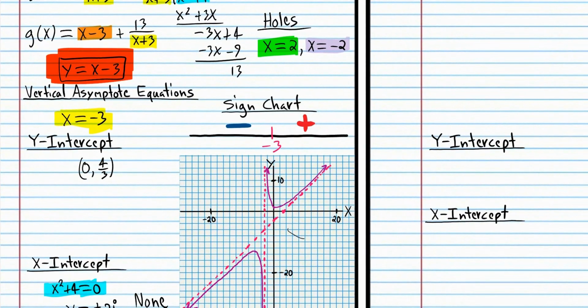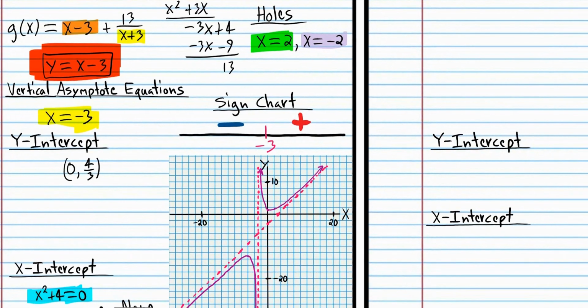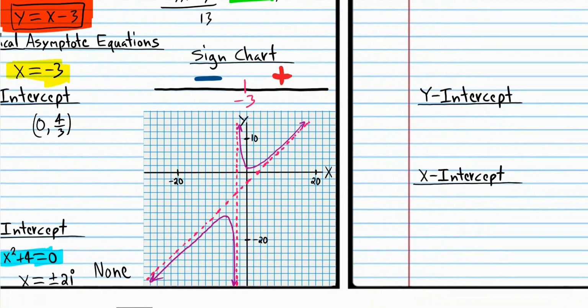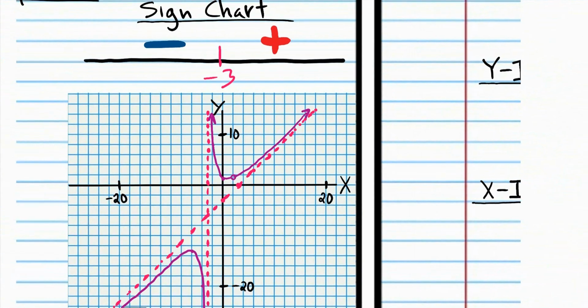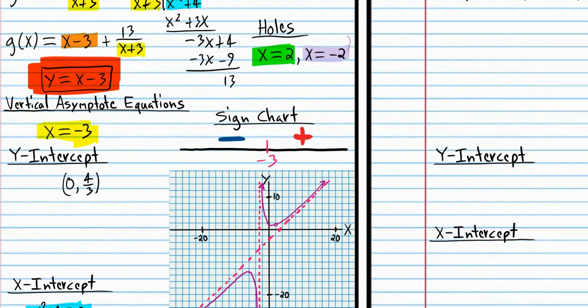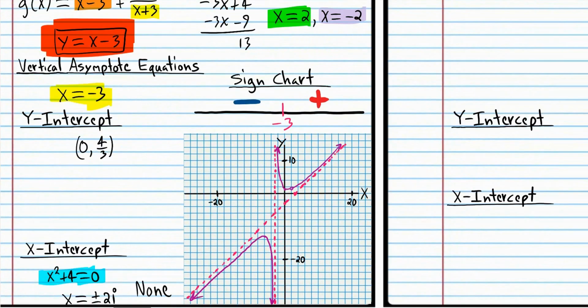But the one thing that we haven't done yet is consider these holes. We have a hole when x is equal to 2. So what that means is we need to go and erase this point here and rewrite it as a hole. It has to be a hole, because that's where x is equal to 2. So we'll replace that with a little open circle there. And then x equals -2, we also have a hole.